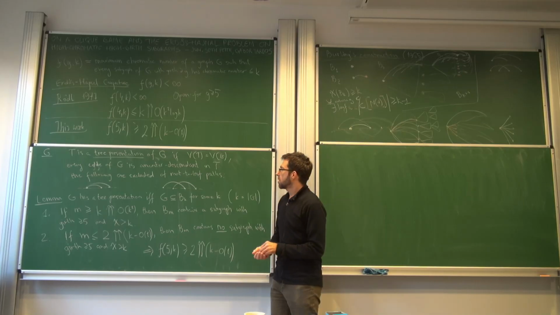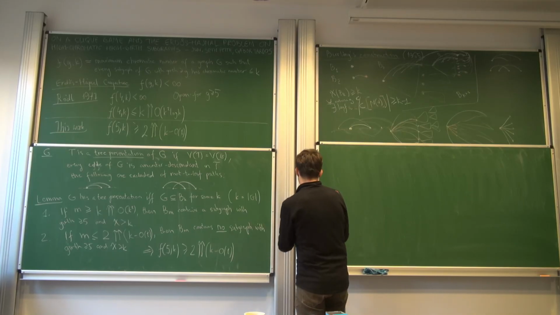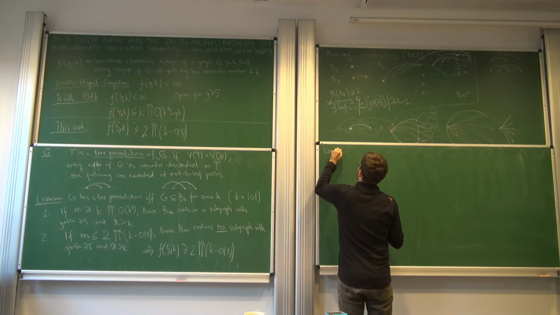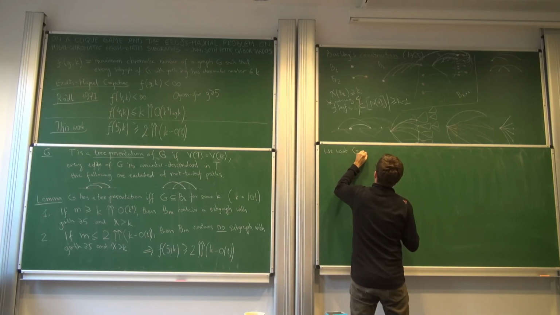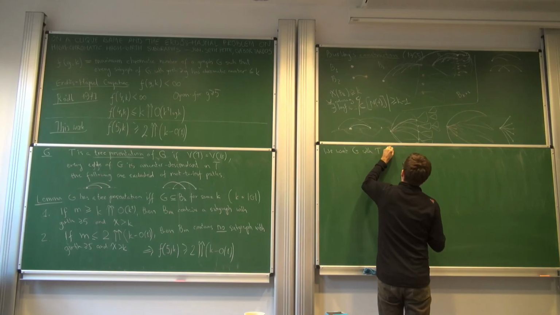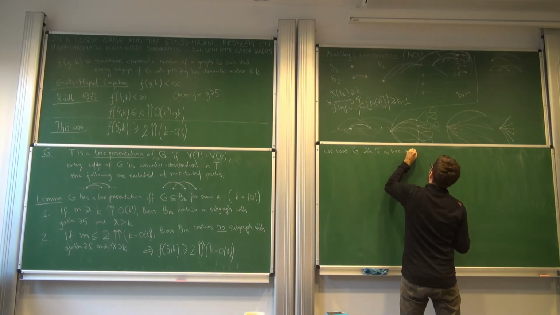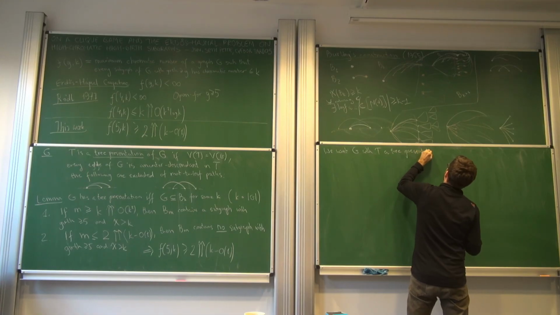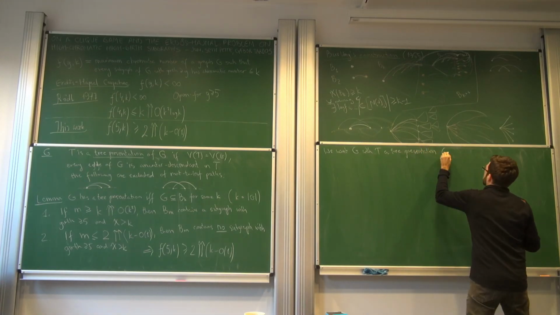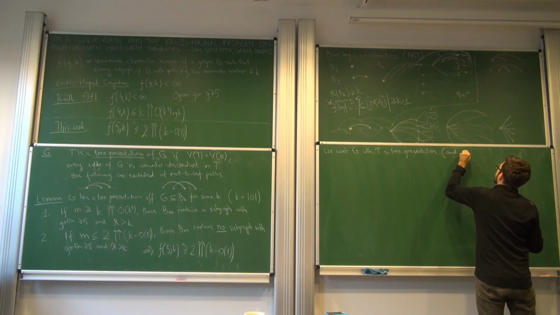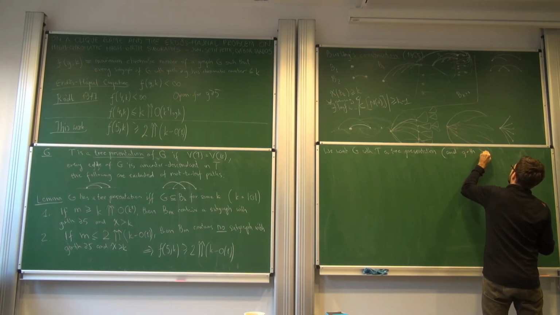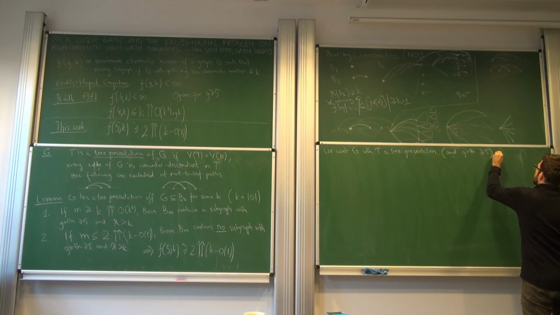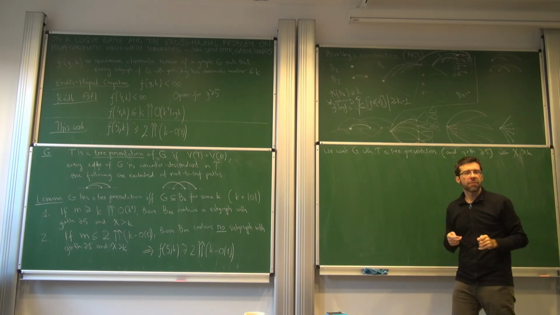So we want a graph G with T a tree presentation, and in parentheses, girth at least 5, with chromatic number, say, greater than k.